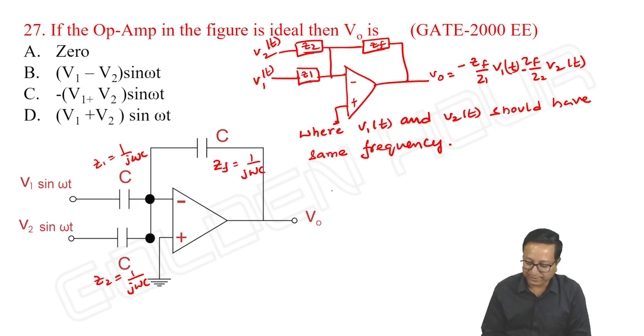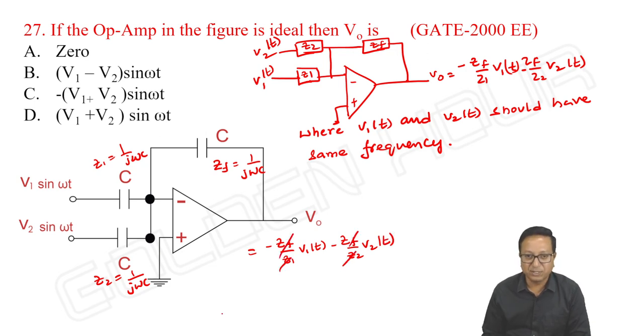So, in this example, what is our output? It is equal to minus ZF by Z1 into V1 of t minus ZF by Z2 into V2 of t. Anyway, ZF, Z1, Z2 are the same.